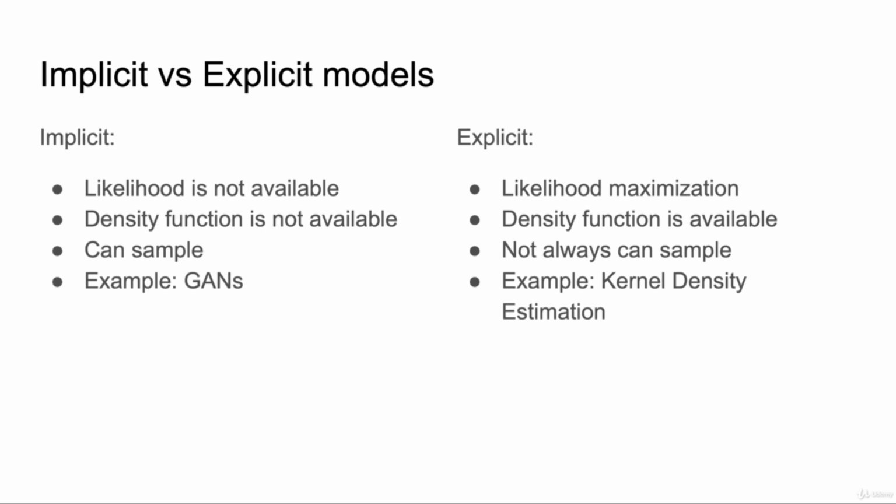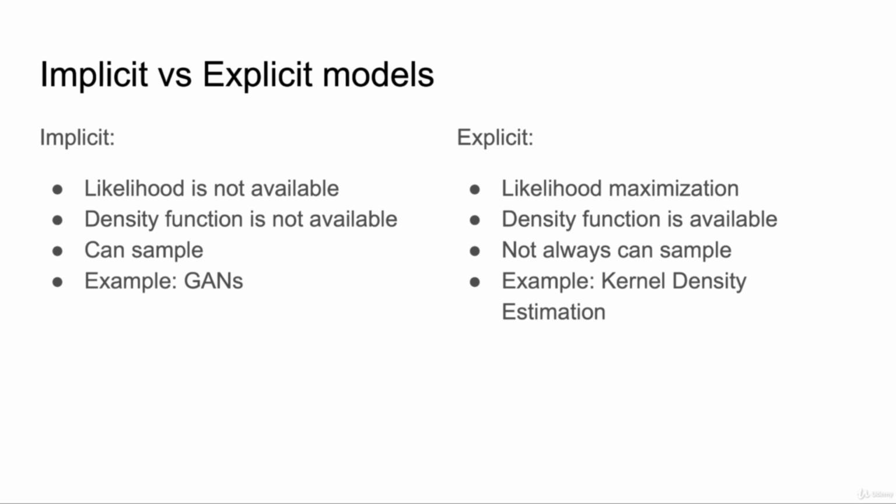When we use the implicit mode, the likelihood usually is not available at all, and the density function is also not available. But we can sample from the distribution that we estimate. And a good example of this approach is generative adversarial networks that we study in this course.